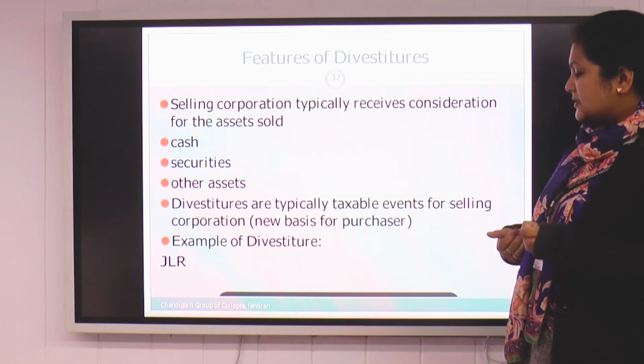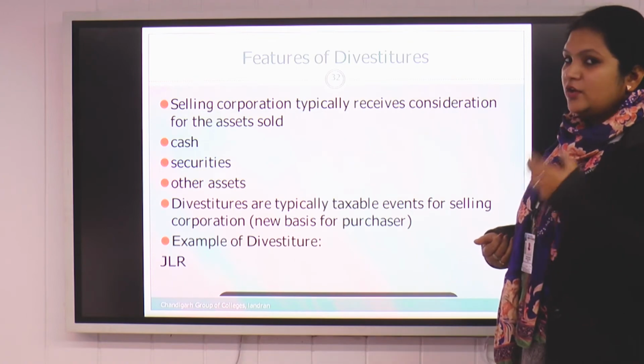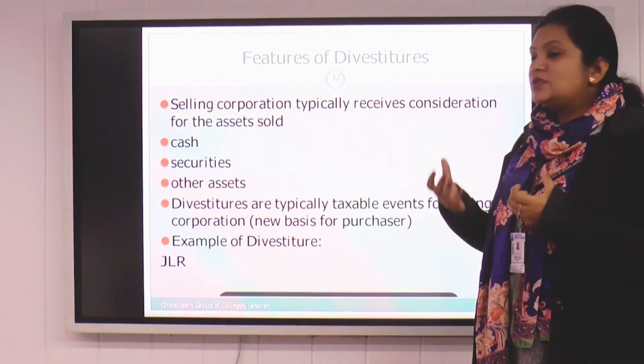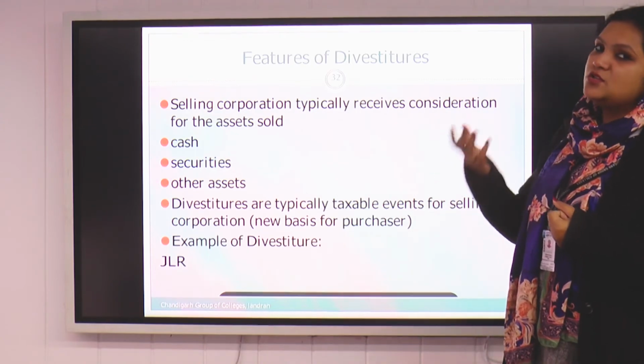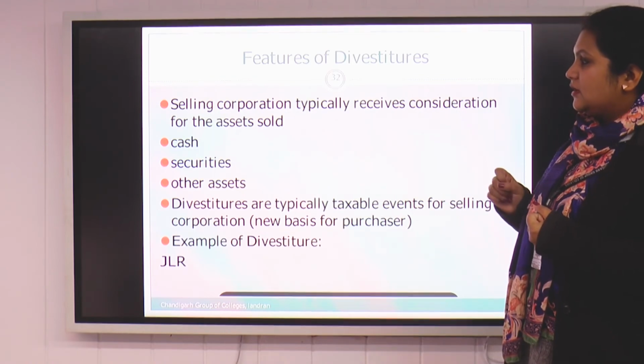Divestitures are typically taxable events for selling corporations, with a new basis for purchasers. Divestitures are taxable because you get some consideration on the basis of selling this segment of your company.